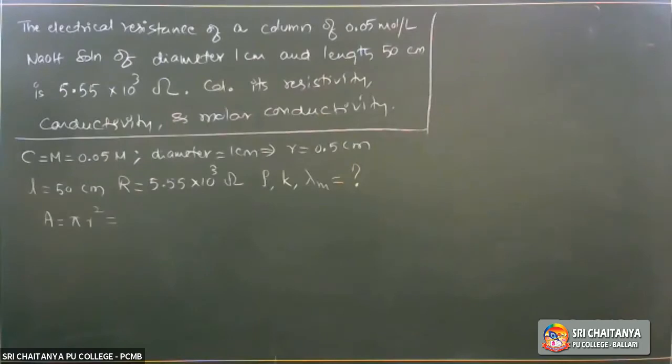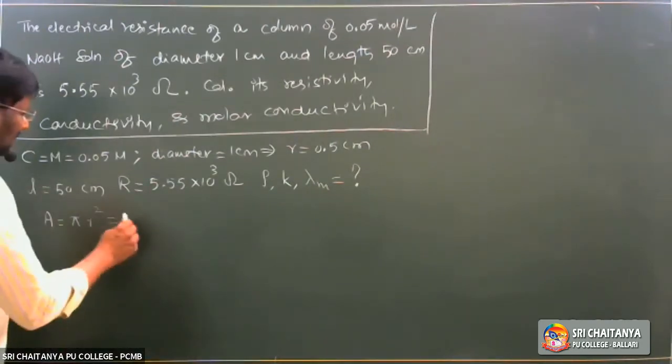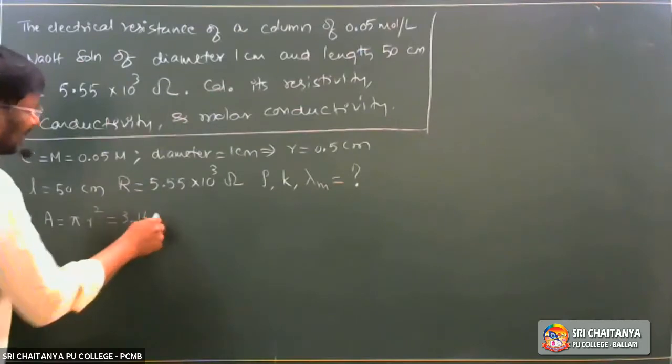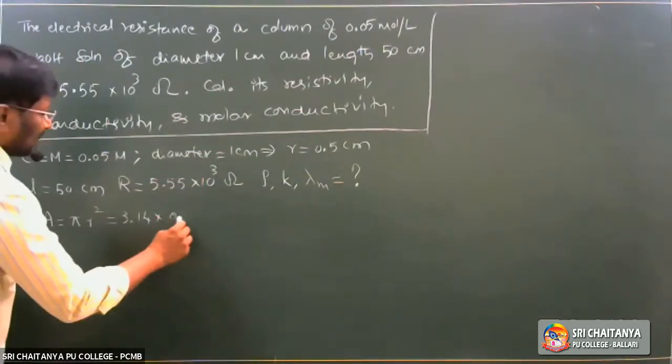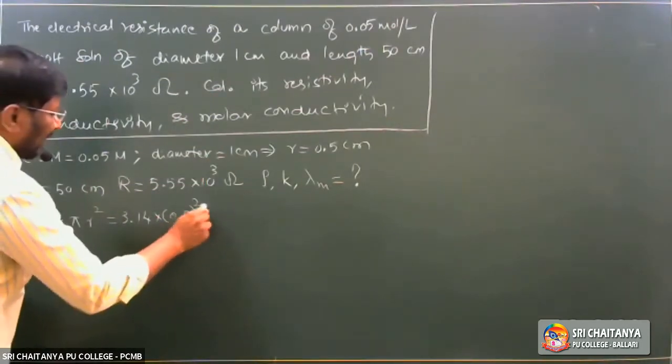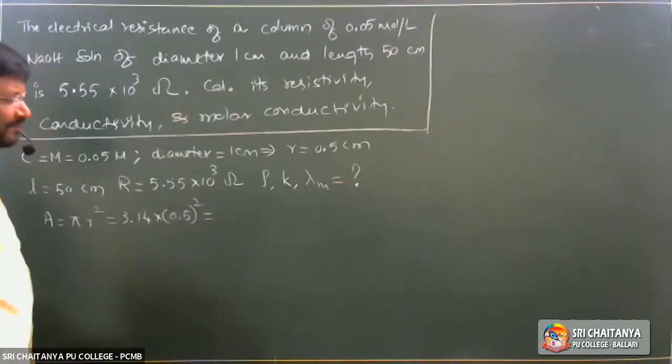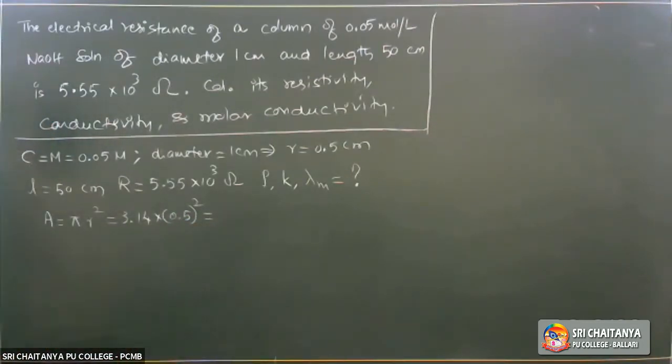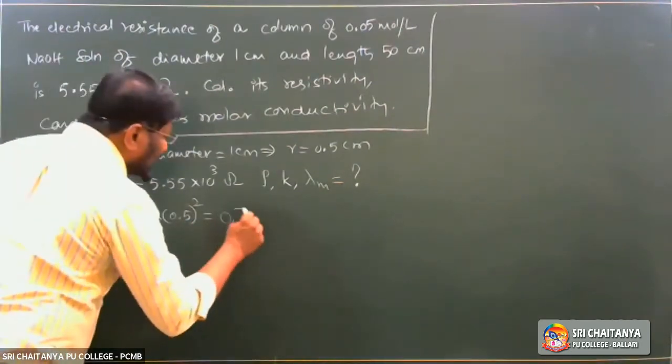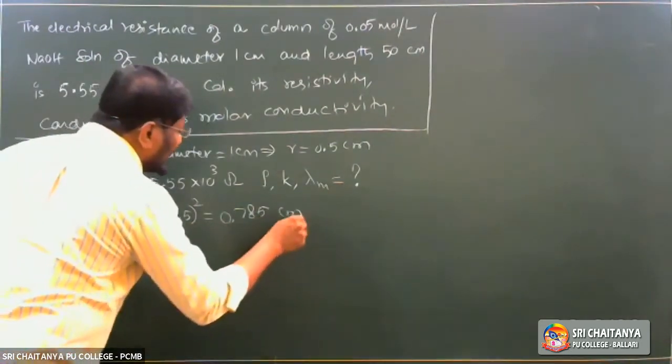Pi is 3.14, into 0.5 square, equal to A. So the A value you will get is 0.785 centimeter square.